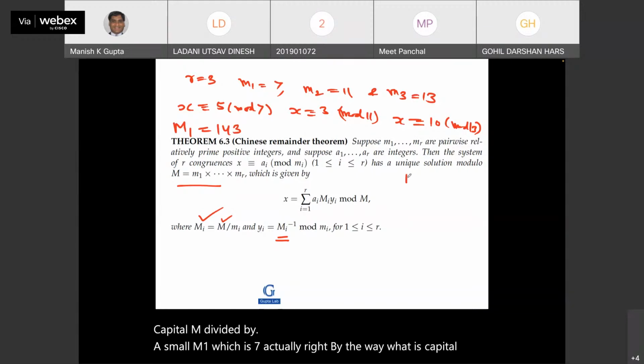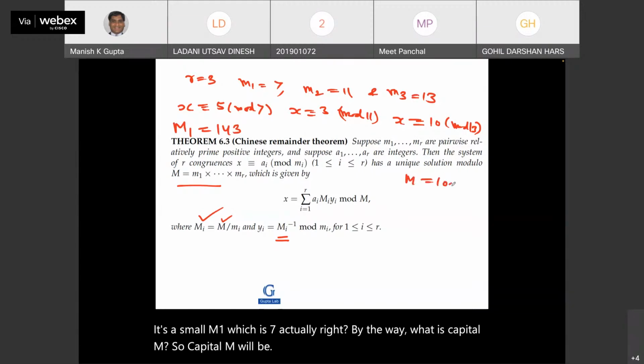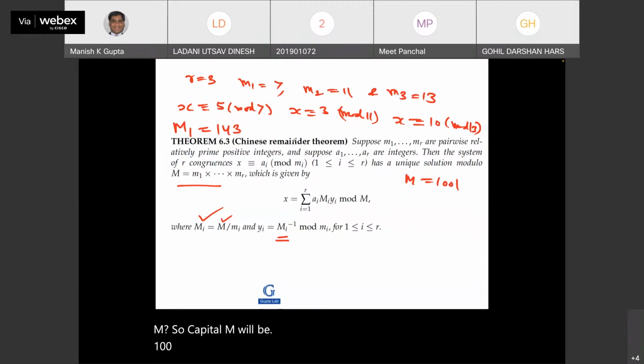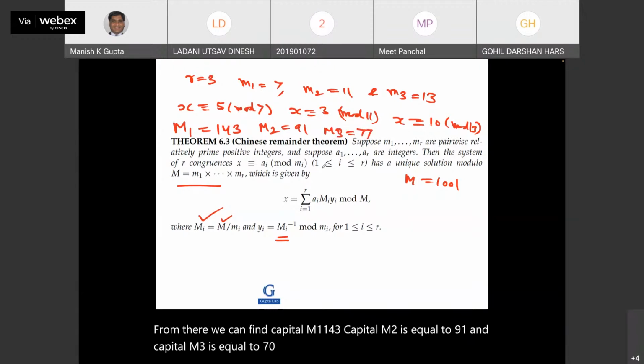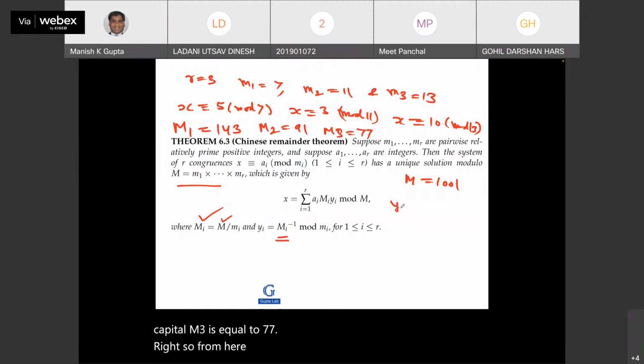Capital M will be 1001, the product of all three. From there we can find capital M1 is 143, capital M2 is equal to 91, and capital M3 is equal to 77. So from here I can find the values of the yi's. So y1 is 5, y2 is 4, y3 is 12.